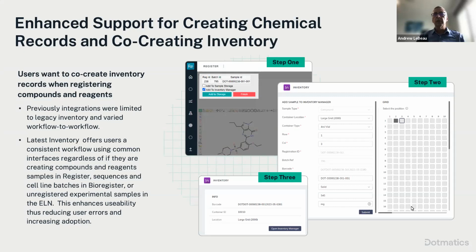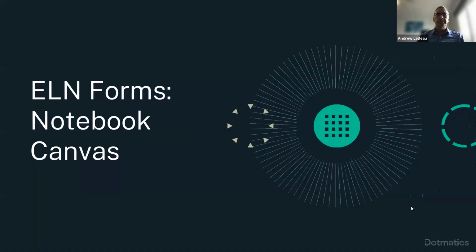We have designed these integrated workflows between, in this case, our register product and the inventory application to guide the user through and allow them to complete those workflows very simply. The design paradigm is that users should always know where to go within the application to complete their workflow. This is the driving principle, not only for the latest inventory, but you'll see it come up in our new ELN forms as well.